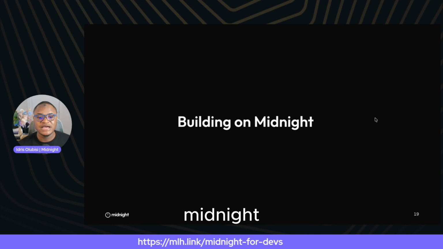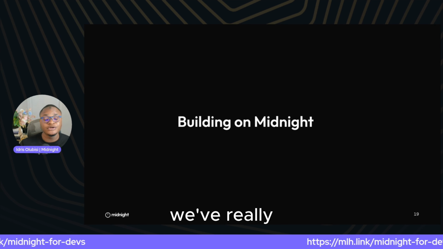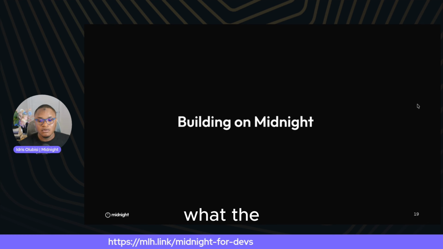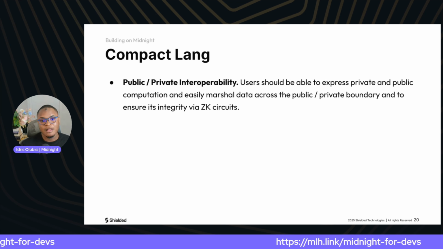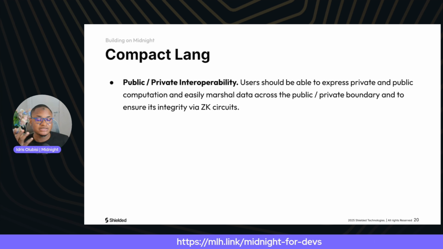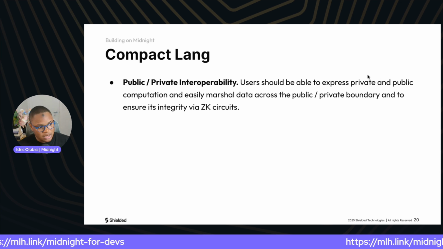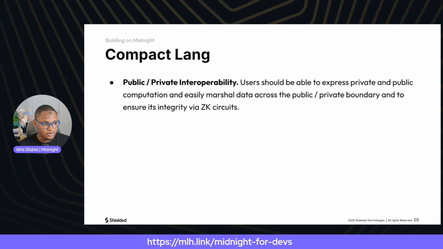But what does building on Midnight look like? Up to this point, we've really talked about the concept, why privacy matters, what the architecture looks like, and the services where it runs. But there's something that powers this and makes it make sense, which is the flow from idea to deploying your code. And that brings me to the Compact programming language.